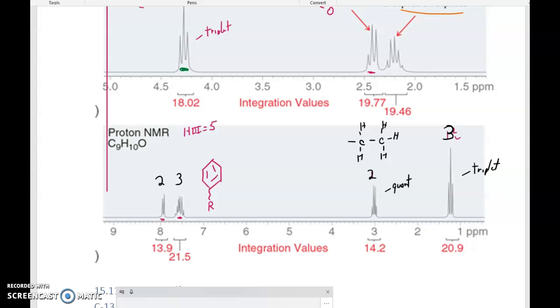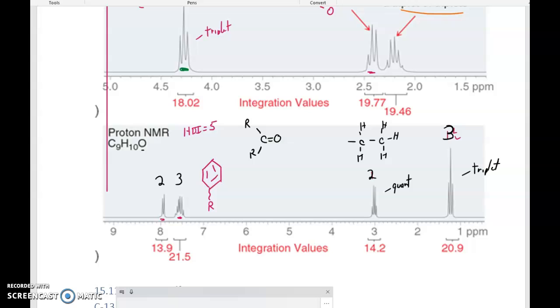So now we've accounted for 6, 7, 8 of our carbons. We still have another carbon that hasn't been accounted for, and we need to deal with the oxygen. Haven't done anything with that. So that last carbon, let's assume that it's going to be a carbonyl with something off of it.